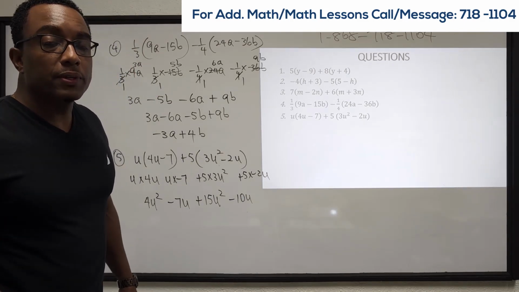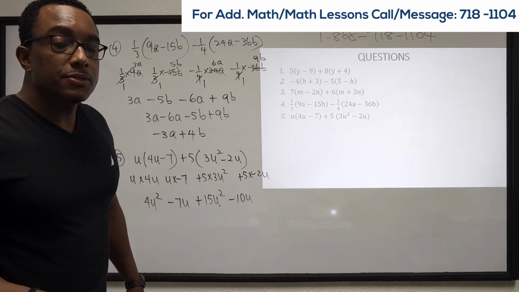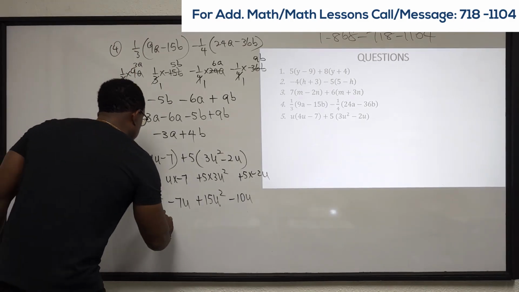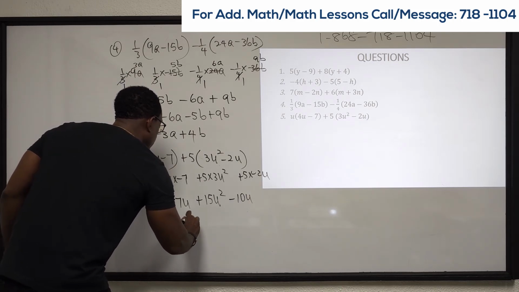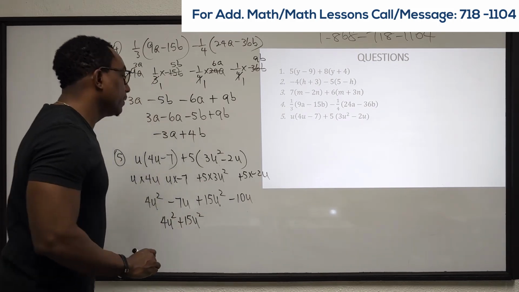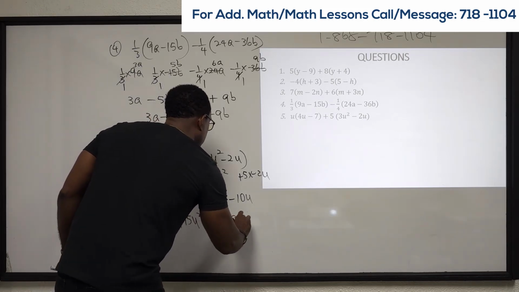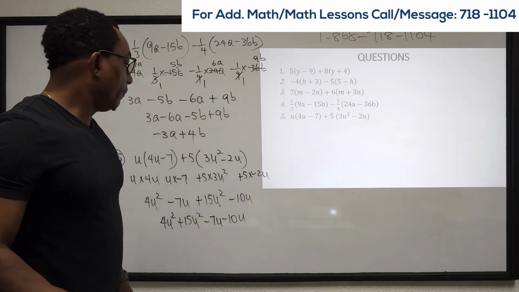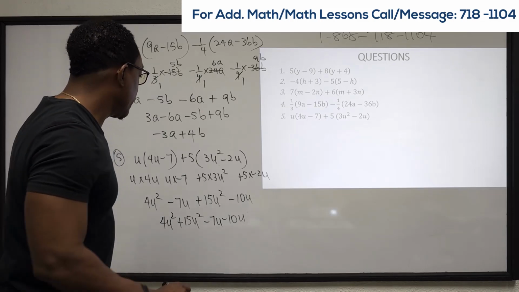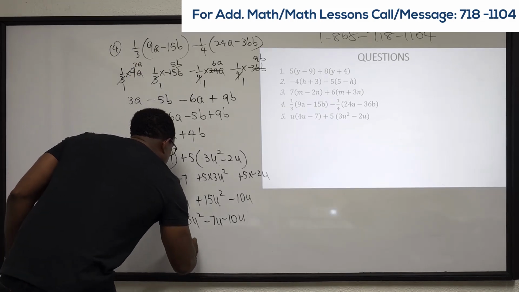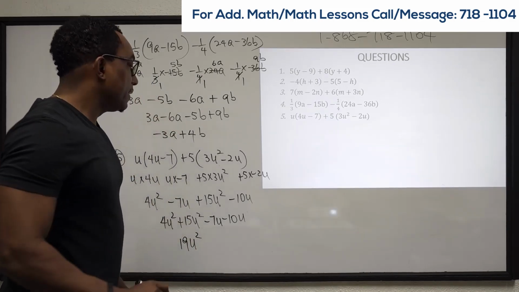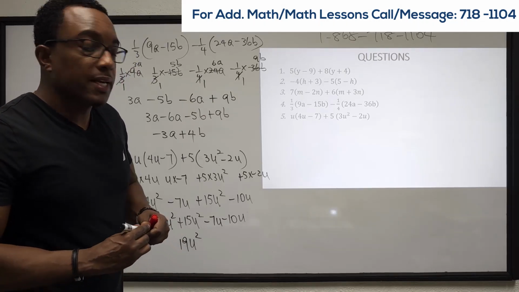So at this point we group like terms and simplify. So this becomes 4u squared plus 15u squared and negative 7u minus 10u. So 4u squared plus 15u squared will give us 19u squared and negative 7u minus 10u.